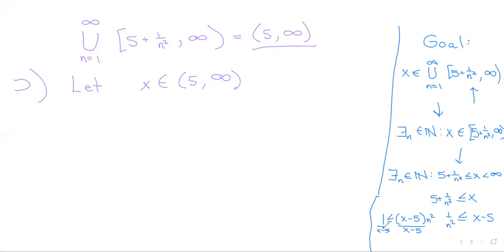Now take the square root, and we get that n will be greater than or equal to the square root of 1 over x minus 5.